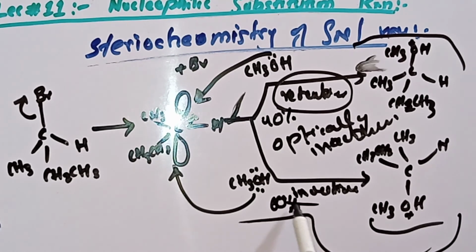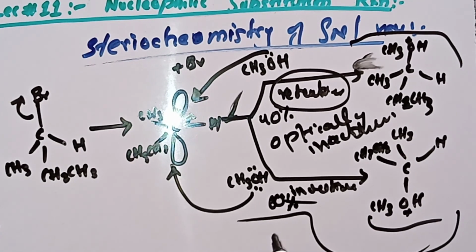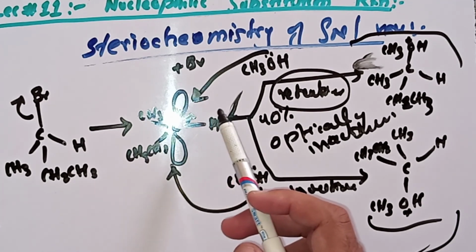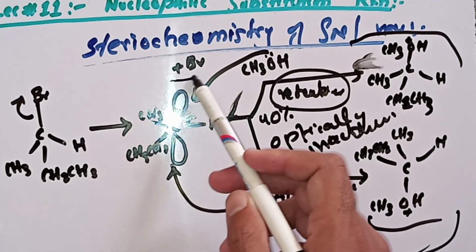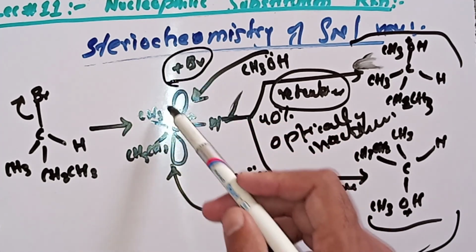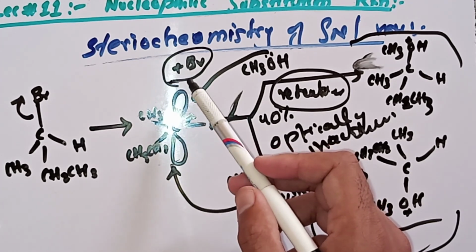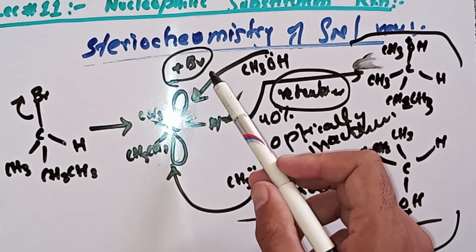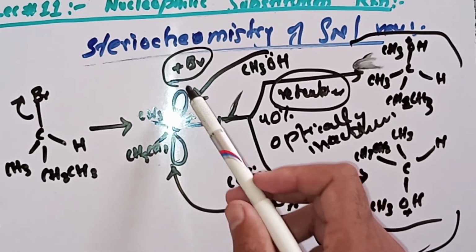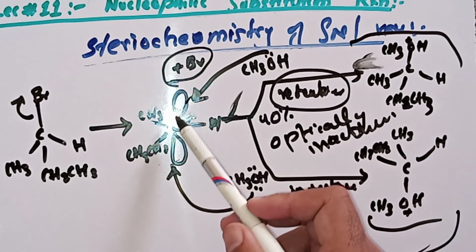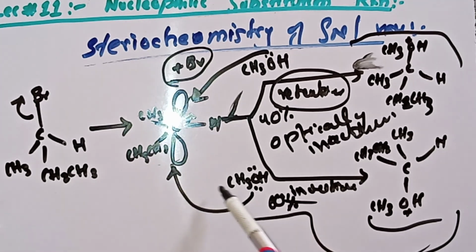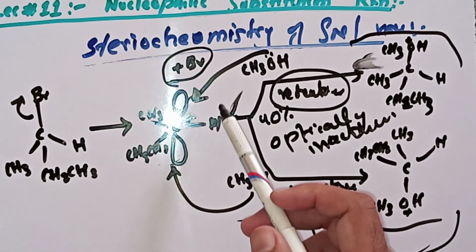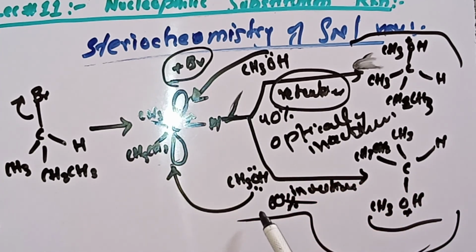The reason is that the inversion product is greater in concentration in the mixture because, when the nucleophile attacks from the front side, the leaving group that left the carbocation slightly hinders the incoming nucleophile from attacking the electrophilic carbon. But from the back side it is very easy, as there is no hindrance to the nucleophile attacking the carbocation. So the retention product will be 40% and the inversion product 60%.